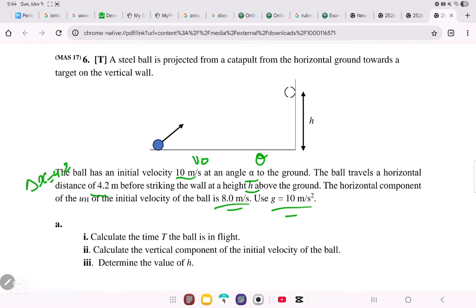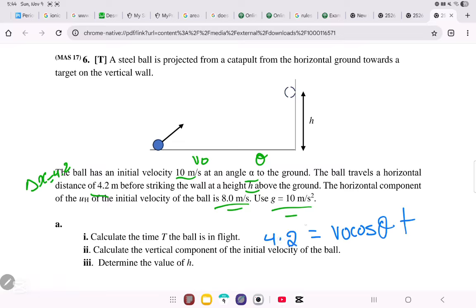So what can we say? They want us to find the time t that the ball is in flight. What we could do in this scenario is use the delta x equation. Delta x equal v0 cosine theta times t, right? They gave us delta x to be 4.2.